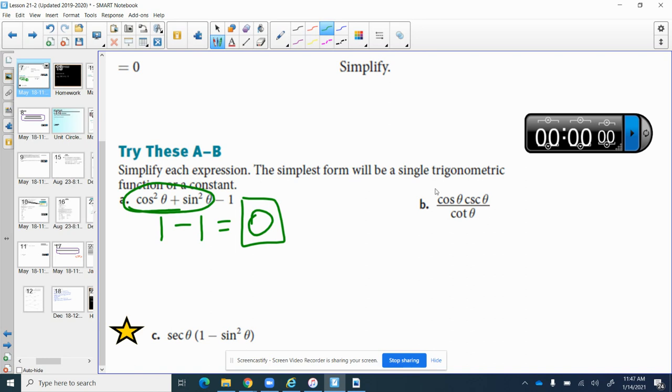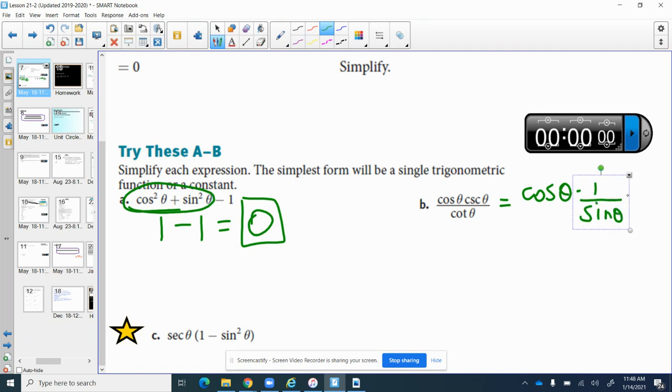For example B, this is very similar to example A up above, that a strategy we might want to employ is writing everything in terms of cosine and sine and seeing what can possibly cancel out. Okay. Now, something we're going to see here is if we start writing this, we have cosine theta, and then cosecant theta can be rewritten as 1 over sine.